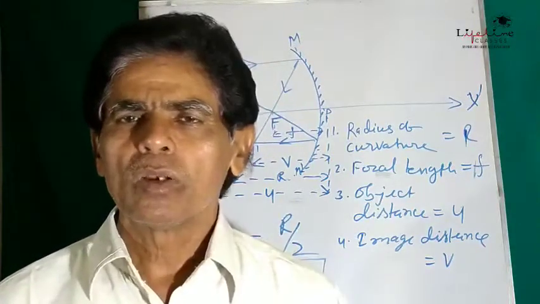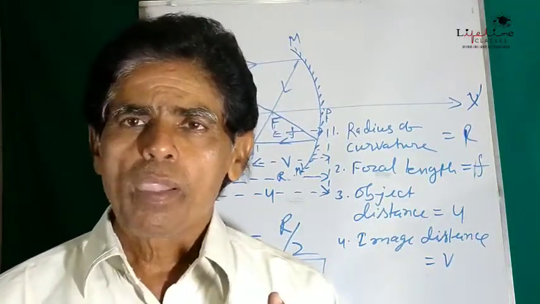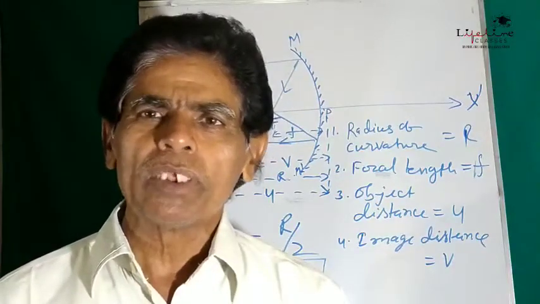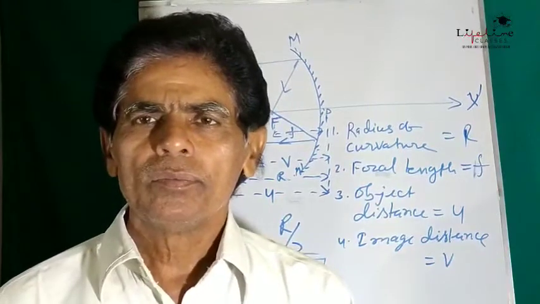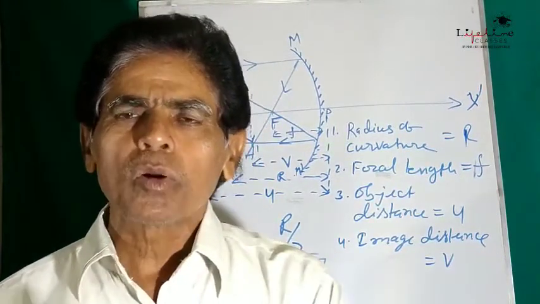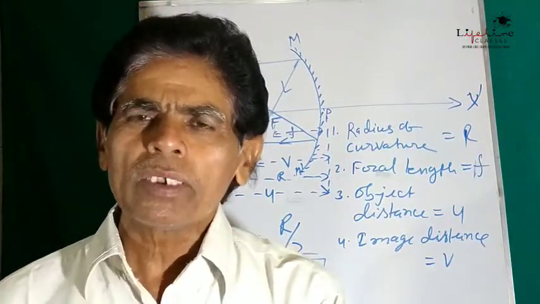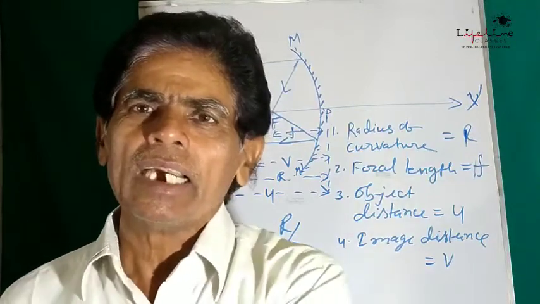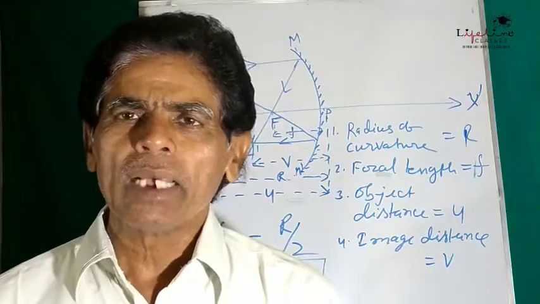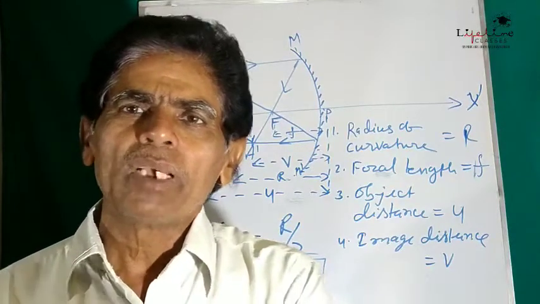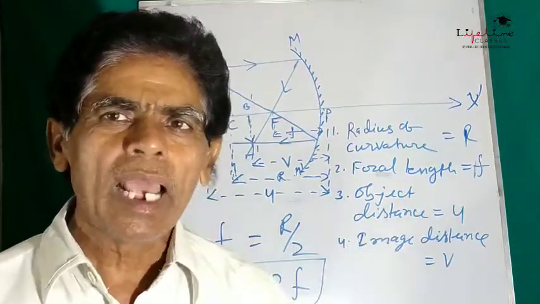Second one, just the inverse of the first: when the incident ray passes through the principal focus and gets incident on the surface of the mirror, after reflection the ray becomes parallel to the principal axis.